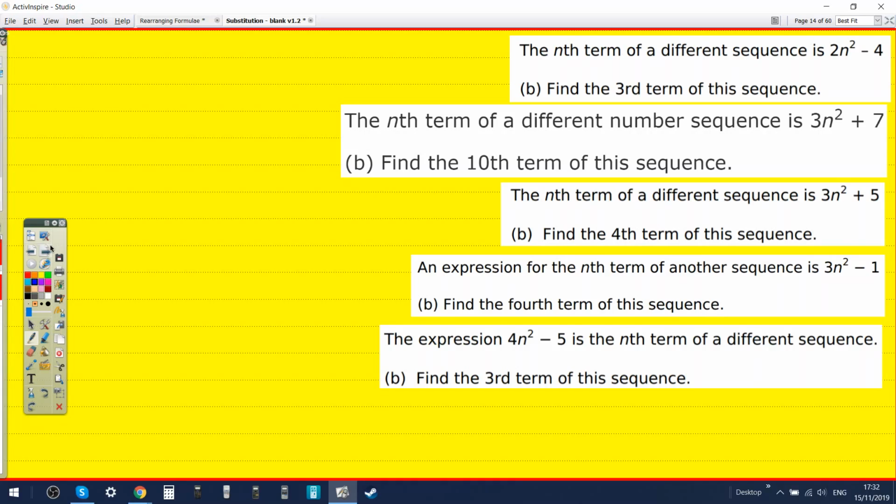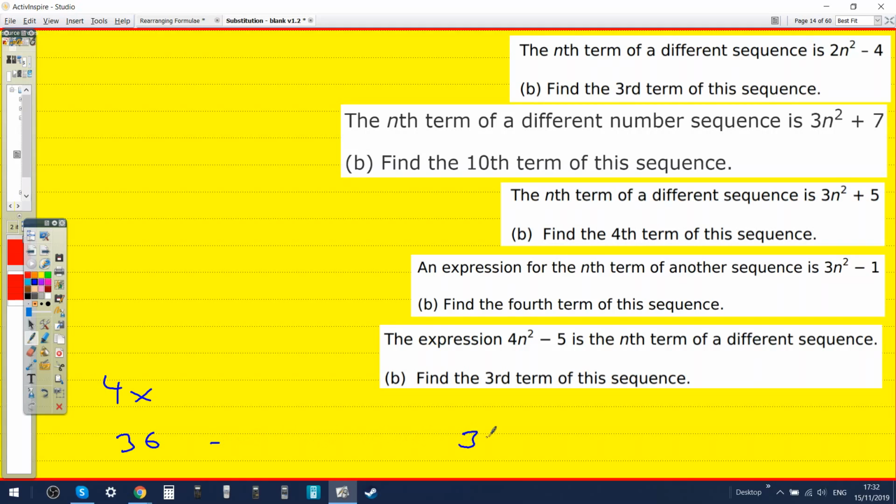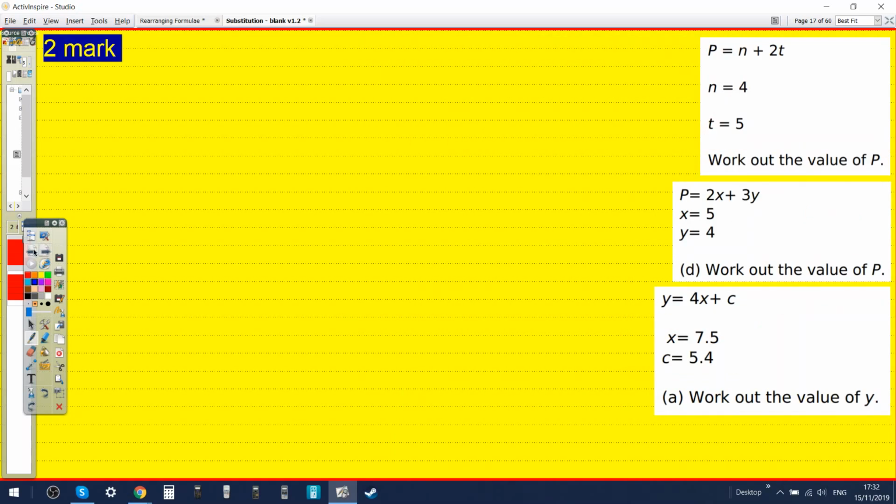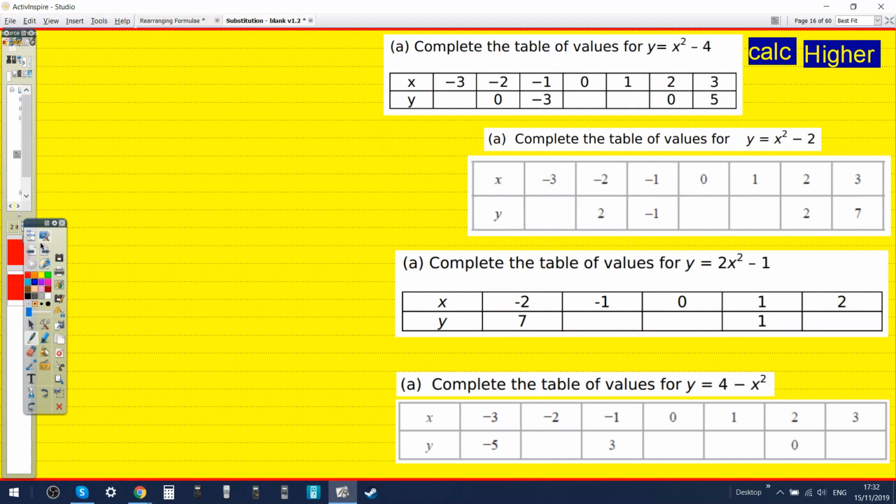Substitute 3 into 4, so 4 times 3 squared is 9, so 4 times 9 is 36, minus 5 is 31. Yeah. Relation. So this is calculator higher. How would you do the bottom one? Minus 2 squared is 4, so 4 minus 4 is 0, so y equals 0 for that one.